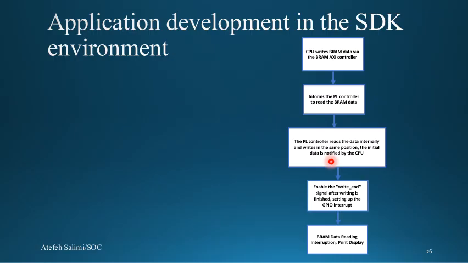The initial data is modified, and the CPU is notified. And then enable the write end signal after writing is finished, set up the GPIO interrupt, and finally the BRAM data reading interrupts, and all the prints will be displayed.